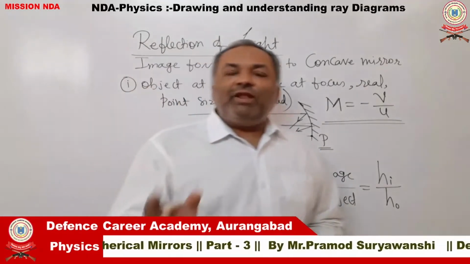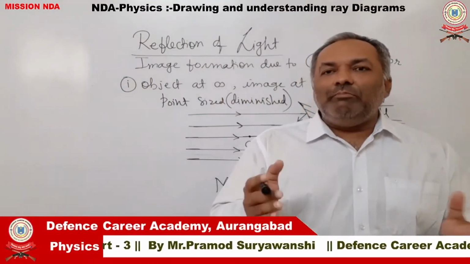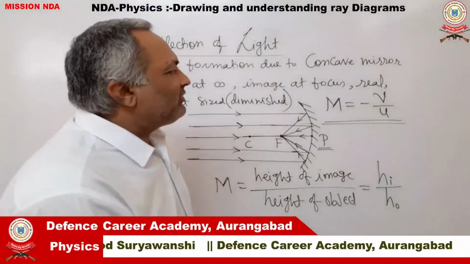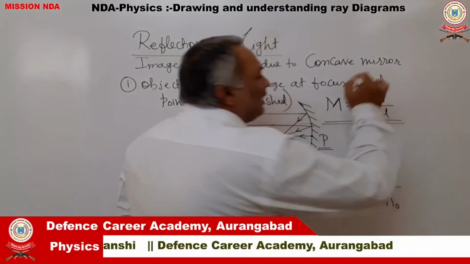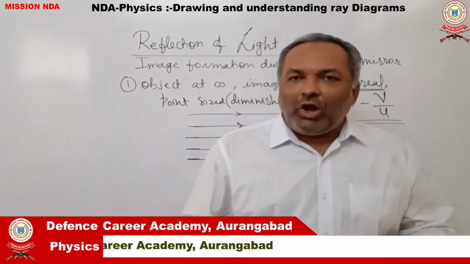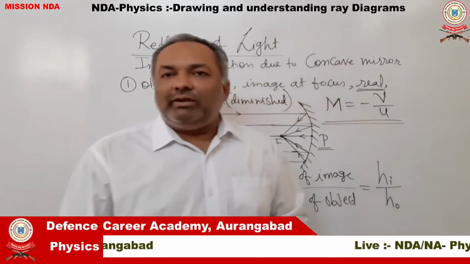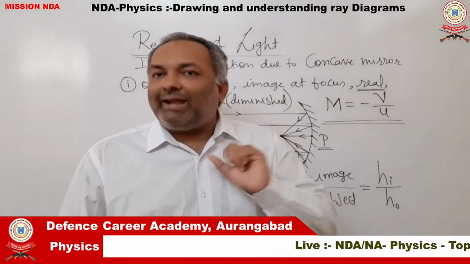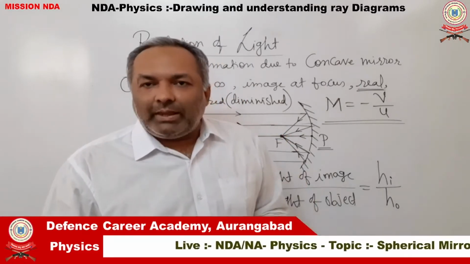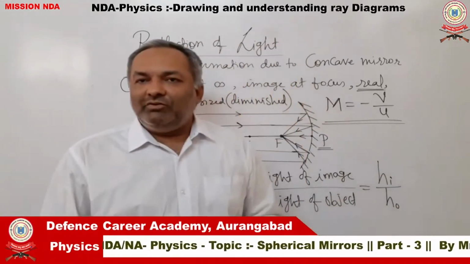So after reflection or refraction, if the rays of light are meeting at a point, converging at a point, then you always form a real image. As a result of reflection or refraction, whatever it may be, if the rays of light are convergent in nature, they intersect at a point, and exactly at that point a real image is formed. So in general, we can say that convergent rays form a real image.